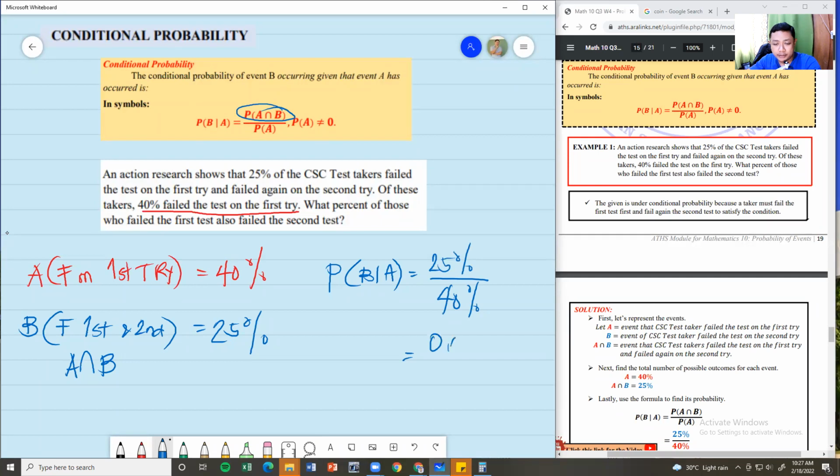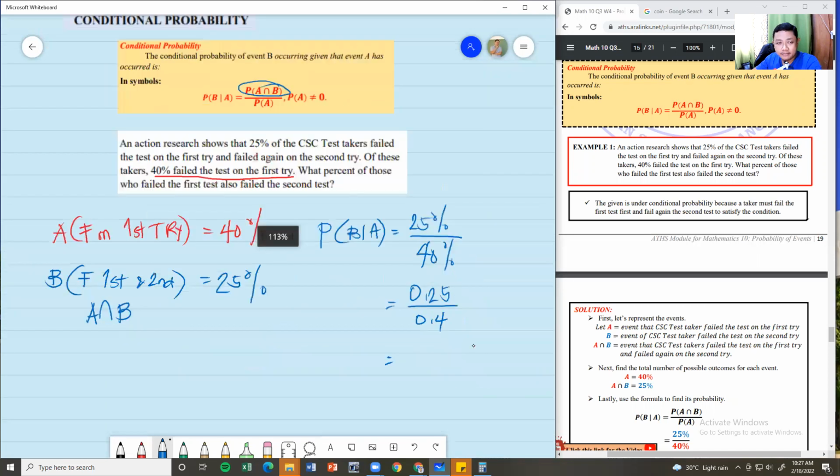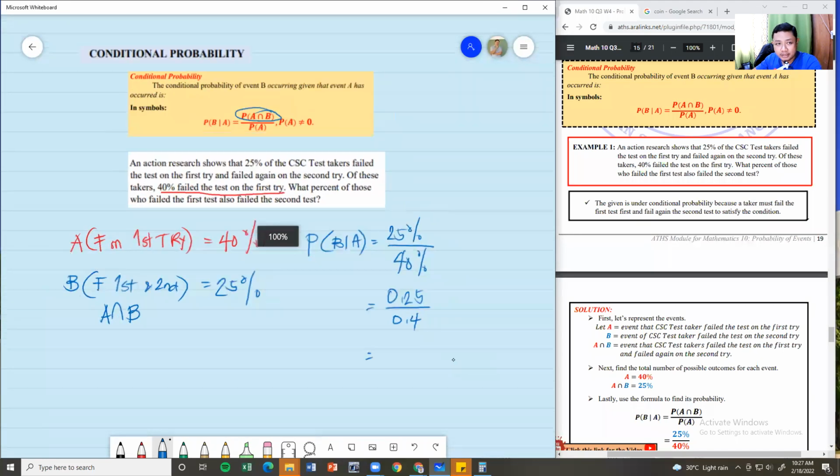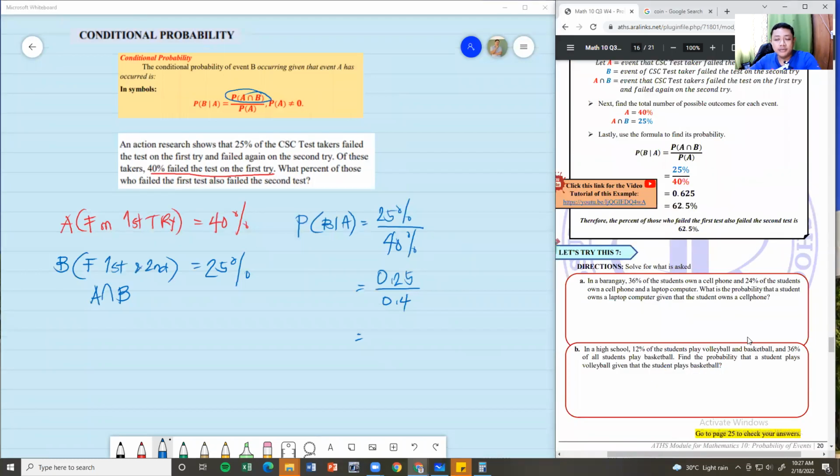That's 0.25 over 0.4. What is 0.25 over 0.4? Use your calculator. It's 0.625 or 62.5%.